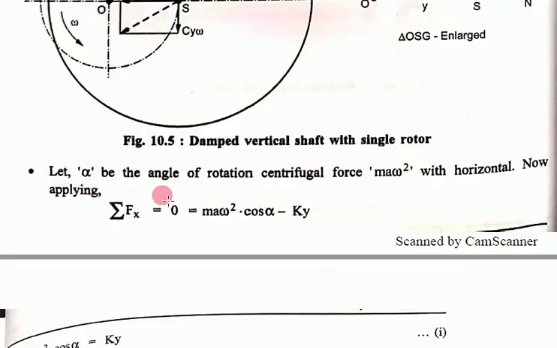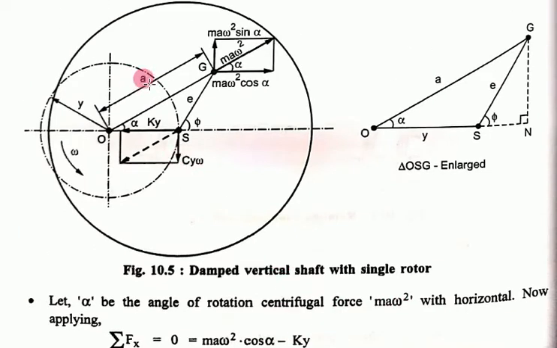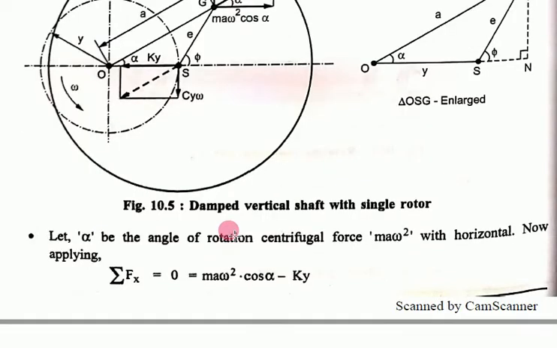Let alpha be the angle of rotation of the centrifugal force m a omega square with the horizontal. Here a is the distance from O to G. Actually, what we write for centrifugal force is m r omega square, so instead of r, here we select a.